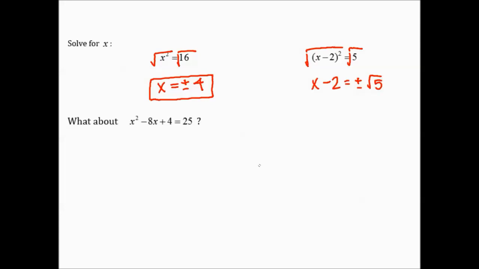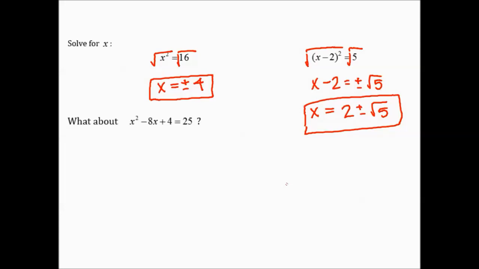Since 5 is a prime number, we cannot simplify square root of 5, so we'll just leave it as square root of 5. Then we need to add 2 to both sides, and we end up with x equals 2 plus or minus square root of 5. So we have two solutions, 2 plus square root of 5 and 2 minus square root of 5, which are both decimals, so we just write it in this format.